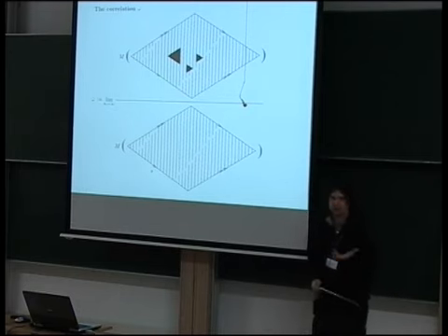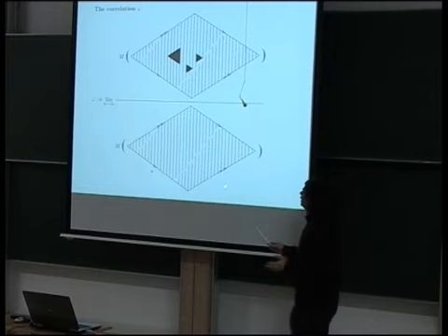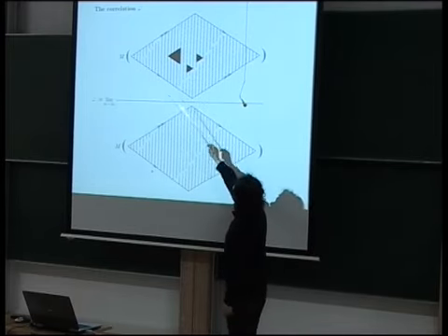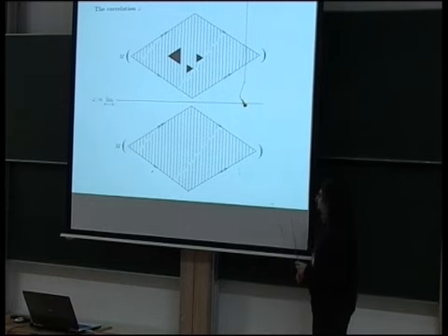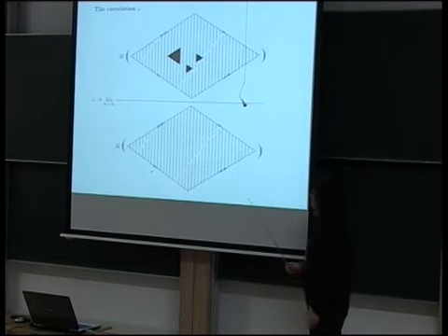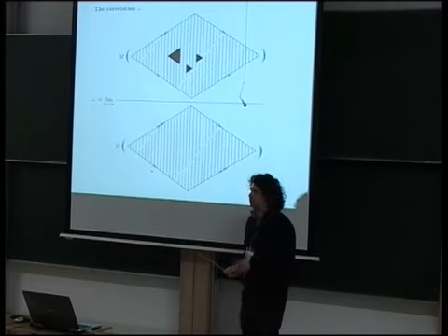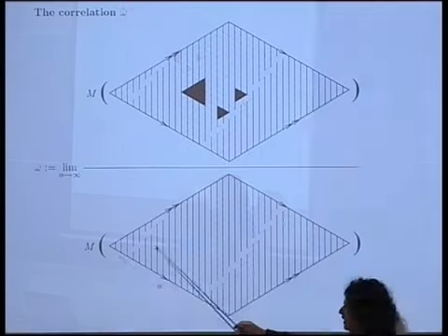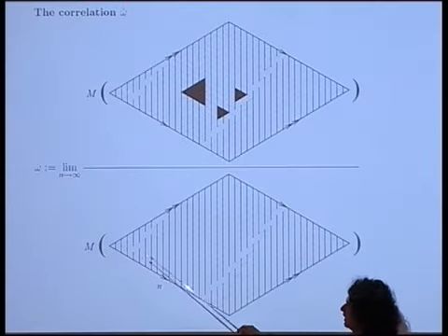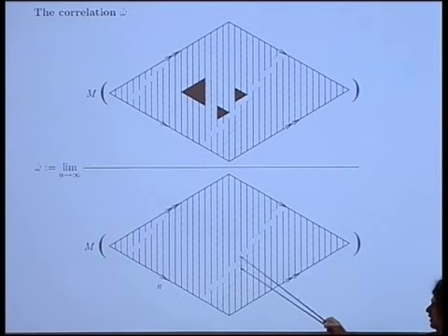How can I define a correlation function? Well, I can use the same philosophy. I can enclose them in a large rhombus on the triangular lattice, and I can try to take the number of tilings of the region with the holes and divide by the number of tilings of the region without the holes. But the fact is this boundary has such a strong forcing effect that the number on the bottom would be just 1 if you leave it as it is.